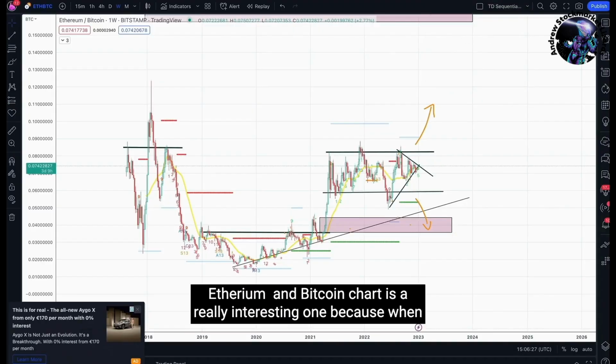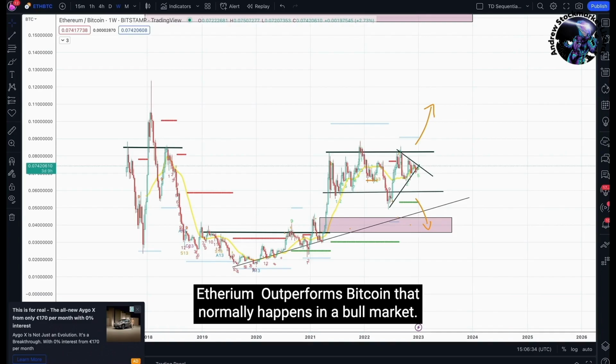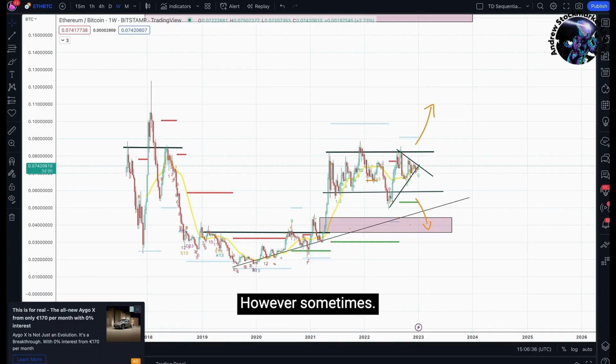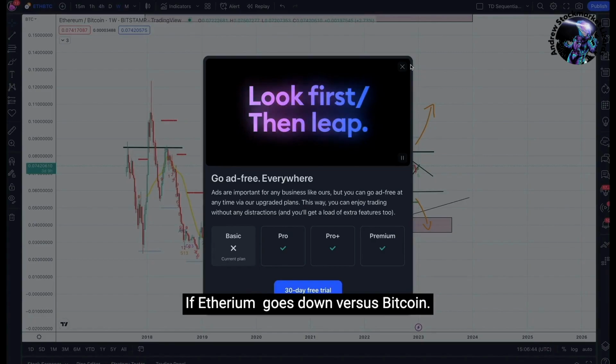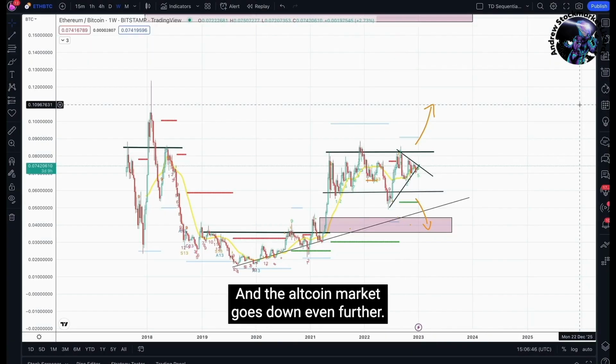Ethereum Bitcoin chart is a really interesting one because when Ethereum outperforms Bitcoin, that normally happens in a bull market. However, sometimes, especially during a bear market, Ethereum goes down versus Bitcoin, and the altcoin market goes down even further.